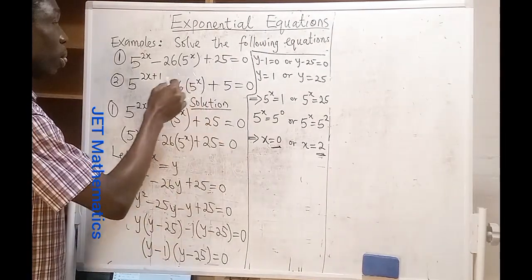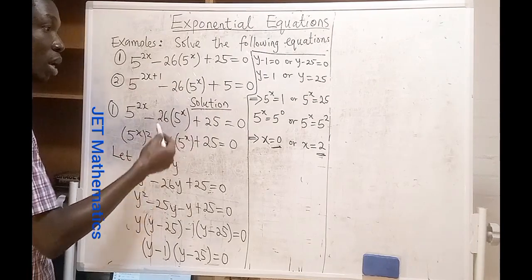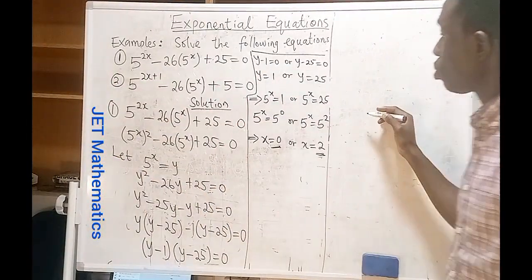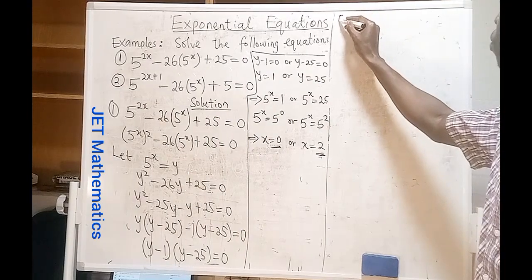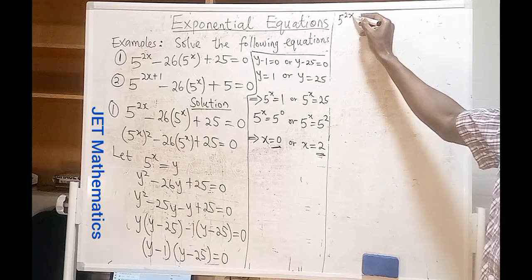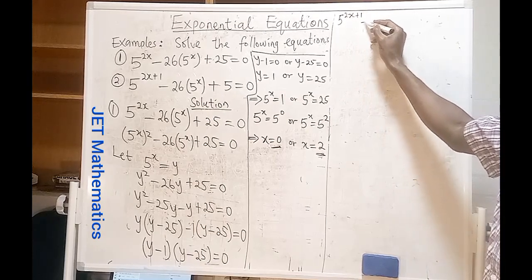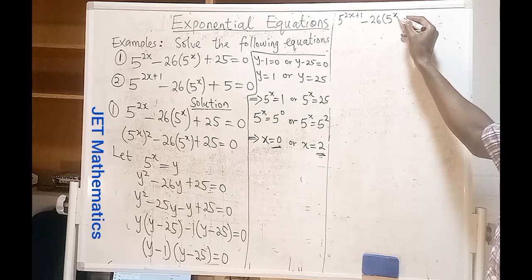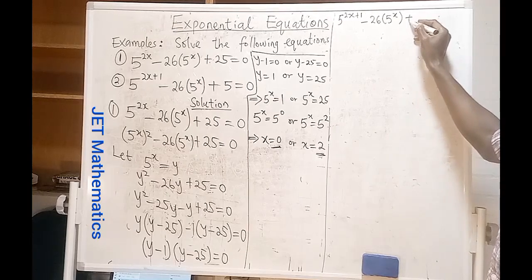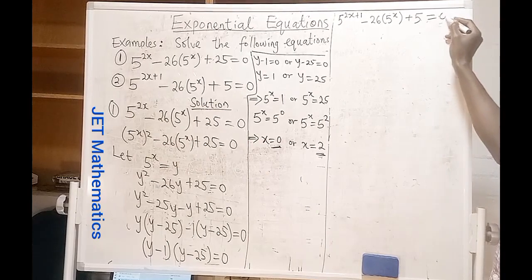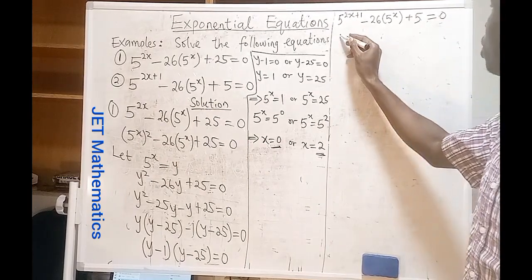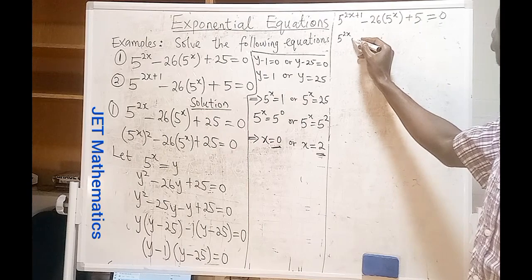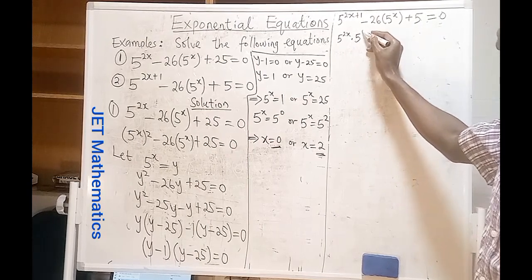So let's see the second example. It is quite similar to what we have here, so let's use the other part of the board. It says 5 raised to the power 2x plus 1 minus 26 times 5 raised to the power of x plus 5 is equal to 0. So this we can break as 5 raised to the power 2x times 5 raised to the power of 1.